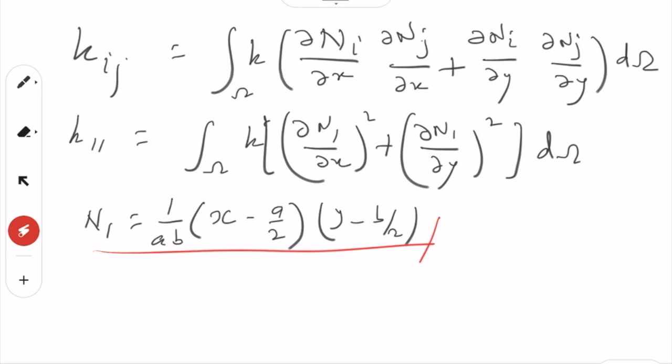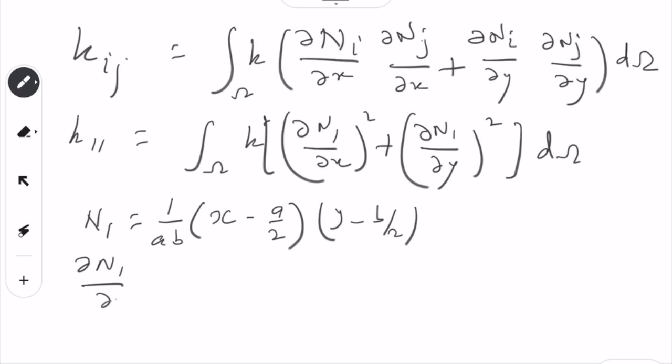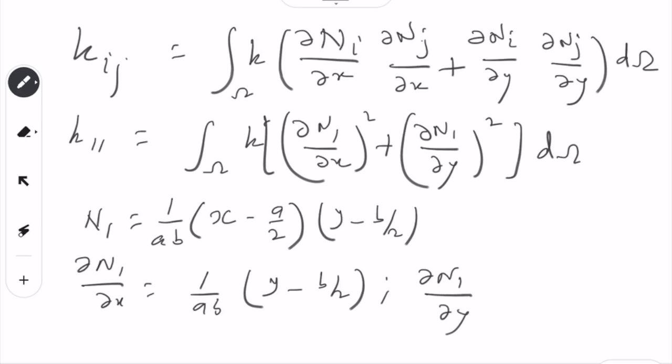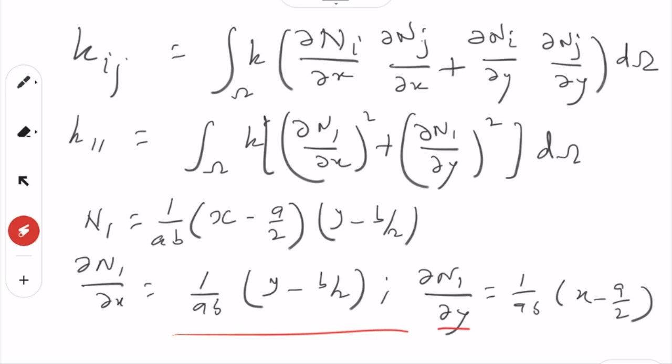So we have n1 like this one, so we know that del n1 del x will be simply equal to 1 over ab times y minus b over 2, and similarly we get del n1 del y will be equal to 1 over ab times x minus a over 2, and we can use these values to find the value of k11.